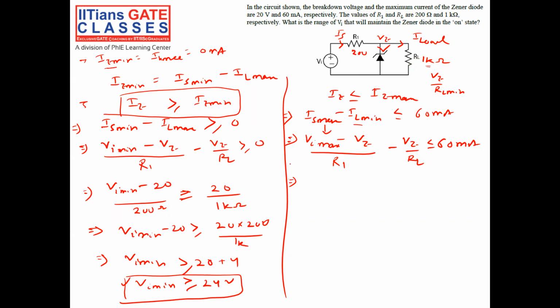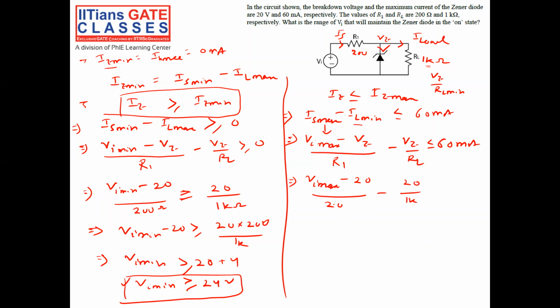In another situation, where R1 is also varying and RL is also varying, you have to take a little precaution. So Vi maximum minus 20 volt over 200 ohm, minus 20 volt divided by 1k. Since it is fixed, I am taking fixed.